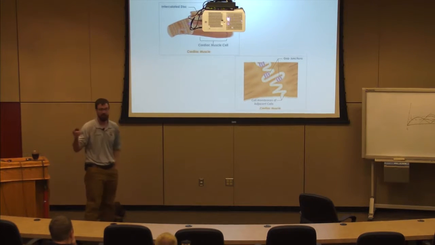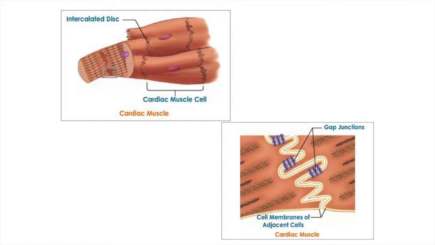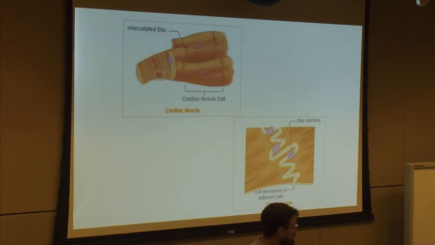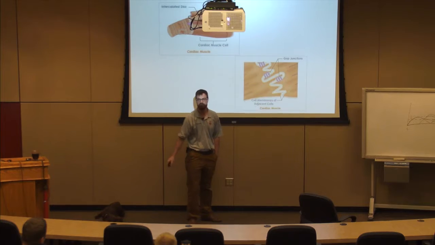That cell, or that signal, is subsequently passed from cell to cell, right, through what we call these intercalated discs and the gap junctions in between. So if I flood sodium into this cell, how do I make it trigger the next cell? If this cell has an event of depolarization, how do I make sure that the subsequent cell next to it also depolarizes? And I do this through these gap junctions. They allow for passive flow of ions from one cell to the next.